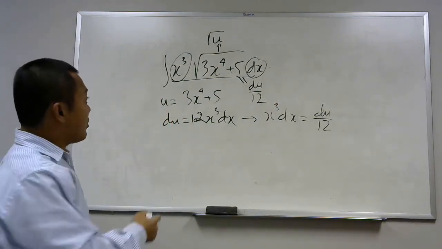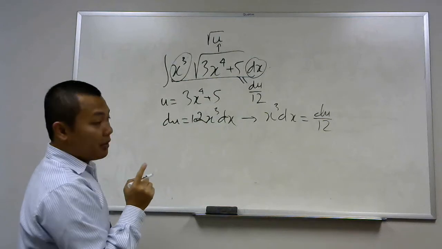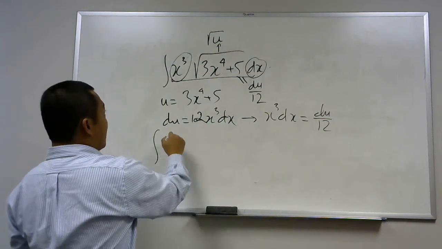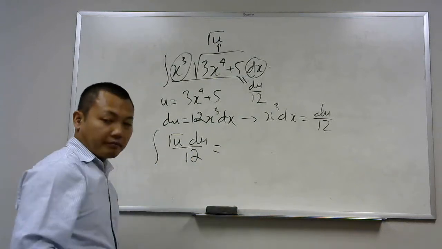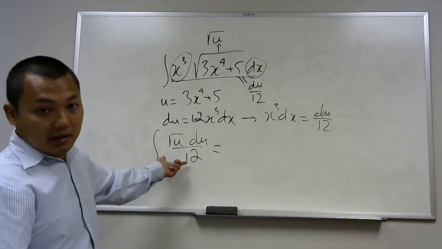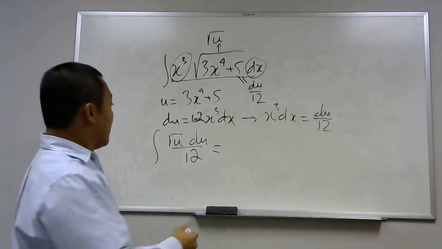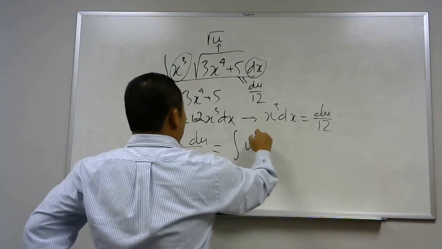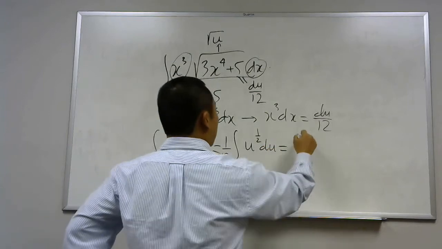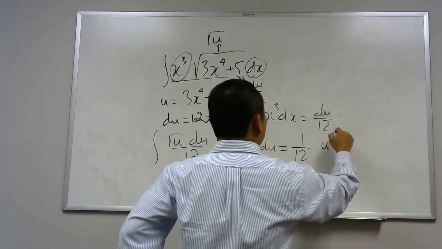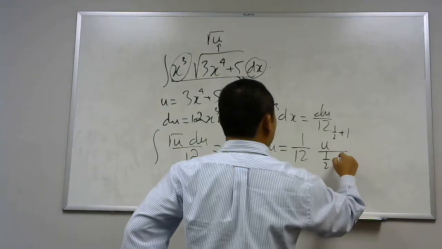And then let's rewrite the original integral in terms of u. So I have the integral of the square root of u du over 12. That's it. Let's evaluate this with respect to u. And that is the integral of u to the 1 over 2, times 1 over 12, du, which is 1 over 12 times u to the 1 over 2 plus 1, over 1 over 2 plus 1.